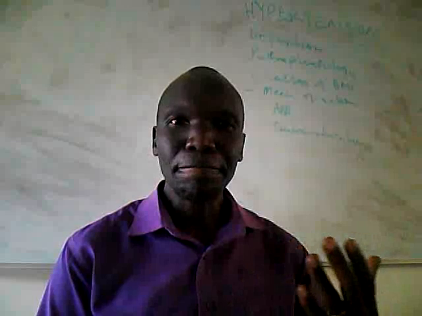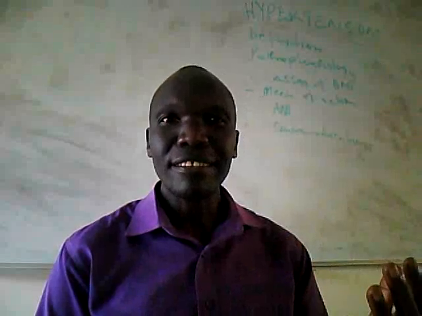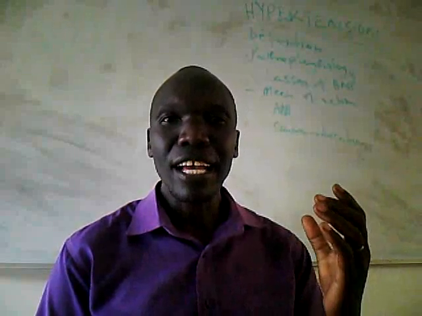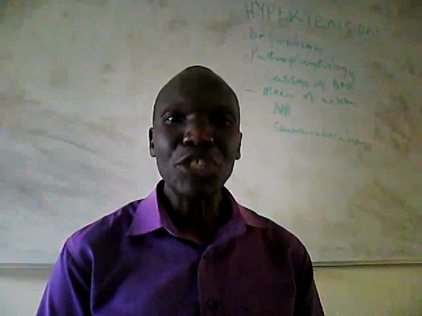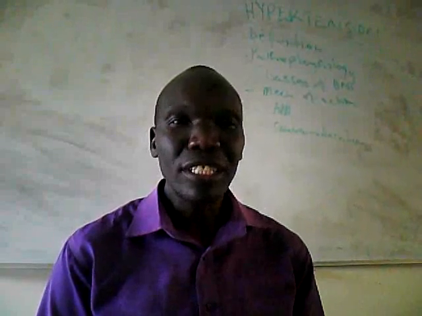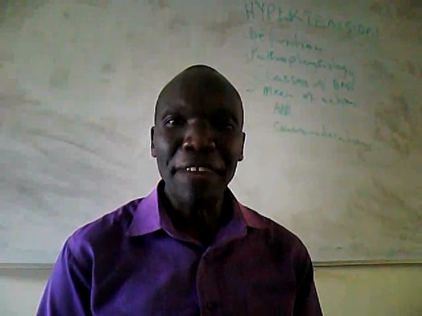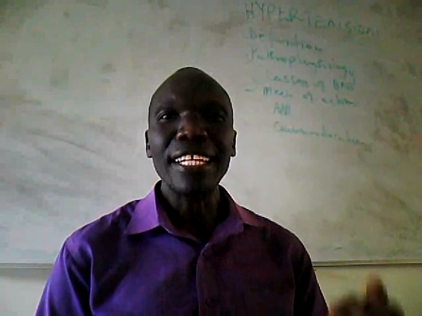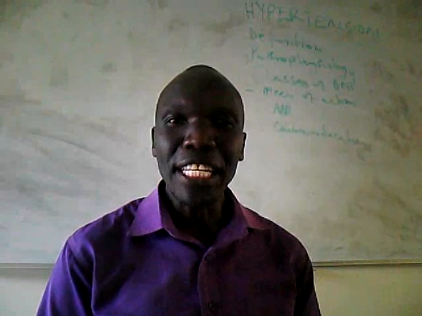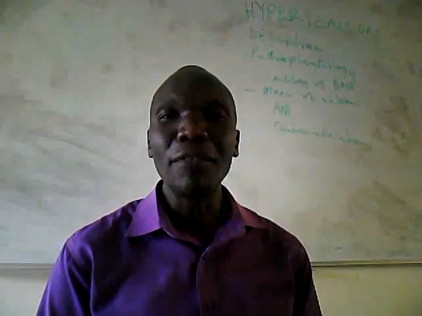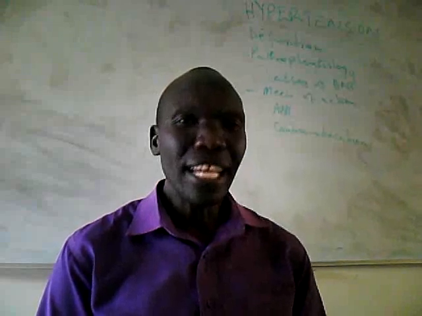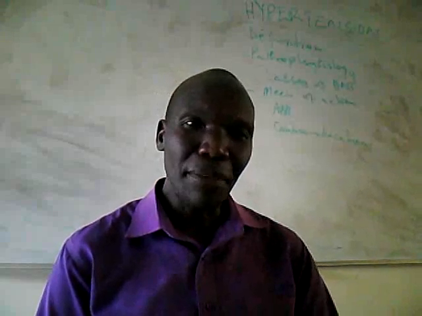And this can cause cardiovascular diseases. It can result in myocardial infarction. It can bring about cardiac failure and renal insufficiency, even the dissecting aneurysm of the aorta, and many other complications that are in place.